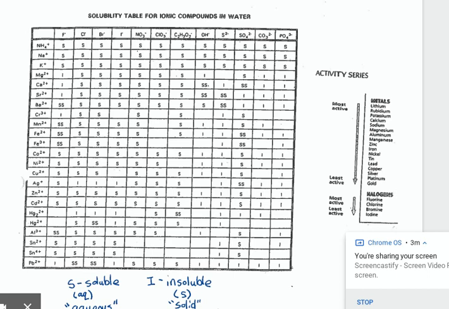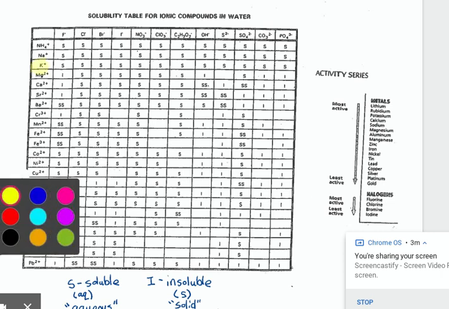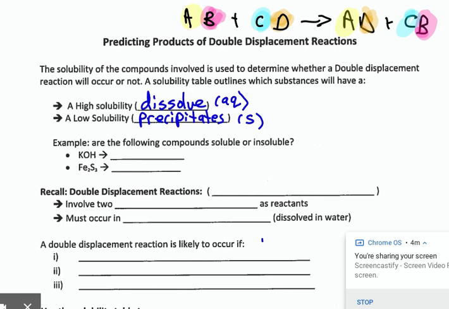We are looking for potassium and hydroxide. We just go to where they meet up, and we see where they meet up is an S. And so our S means that it is soluble. So we can say that potassium hydroxide is soluble.